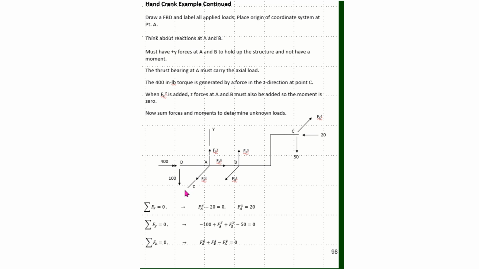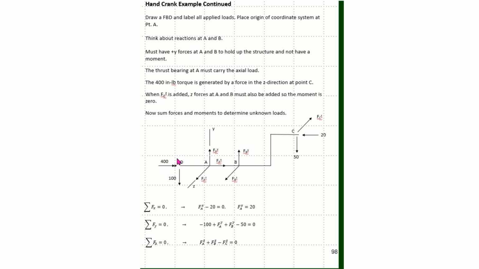Now we need to think about all the applied loads and the reaction loads. And I've got rid of the disc here on the end at point D by drawing the 100-pound vertical load pulling down at point D with the moment or the torque that is caused by the 100-pound load at the 4-inch radius with this 400 torque applied here shown in the positive X direction.